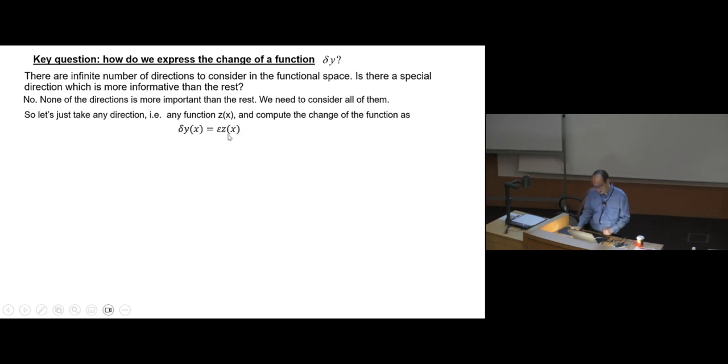The delta y is just epsilon times z. Z is any function; that is the direction you are looking at. Of course, I need an epsilon to control the size of the change, just like in x0 plus delta x, delta x controls the size of the change.